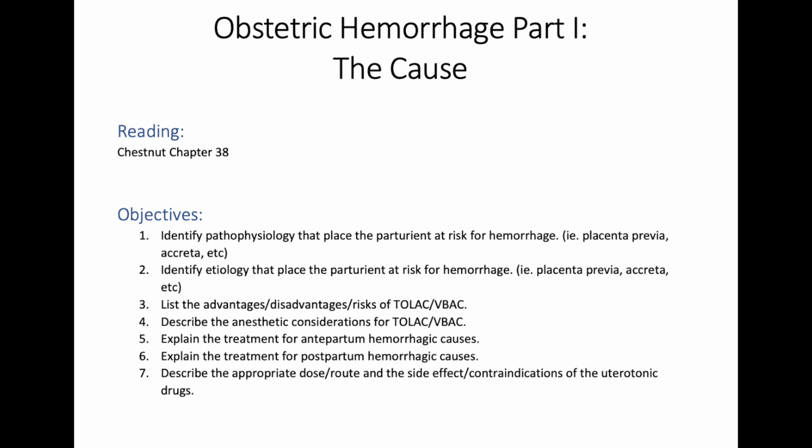There are no contraindications to Cytotec. But there are some side effects: fever, chills, nausea, vomiting, diarrhea, as well as this is really an off-label use for this drug. But again, it's kind of one of those last-ditch effort drugs when we've been using all the other uterotonics. What are we doing to try to get that uterus to constrict? Oftentimes, Cytotec will be used as well.